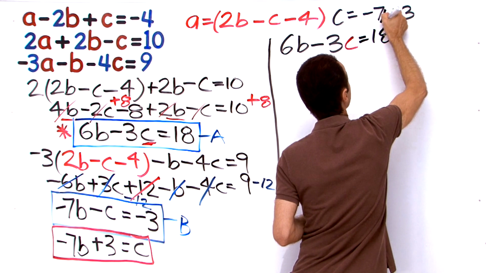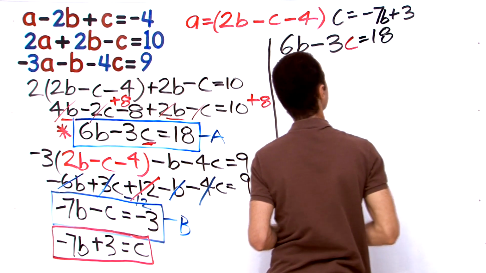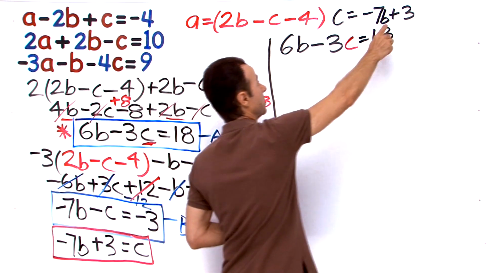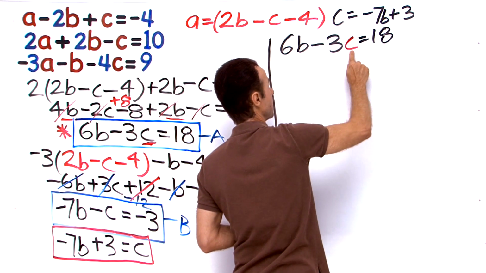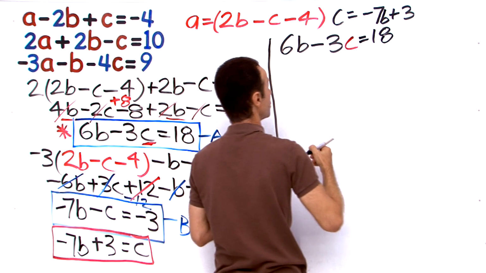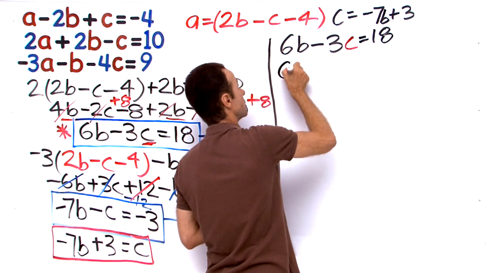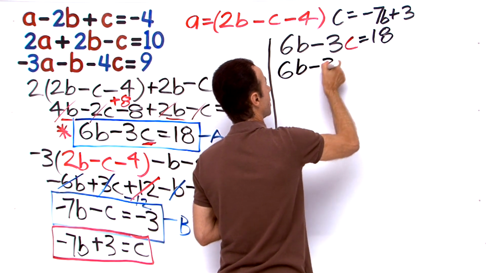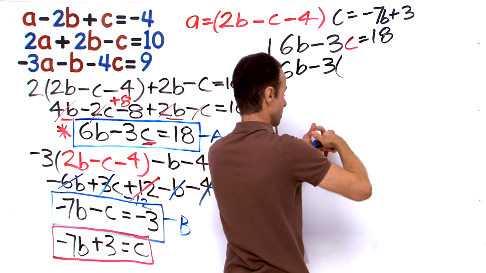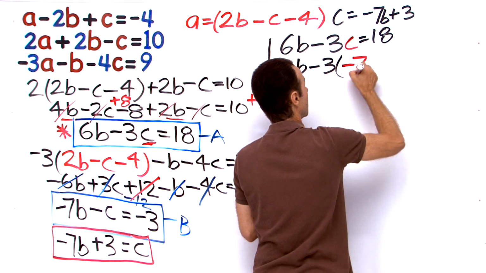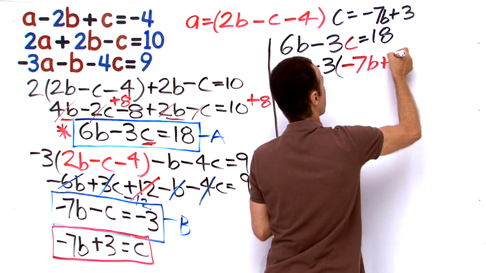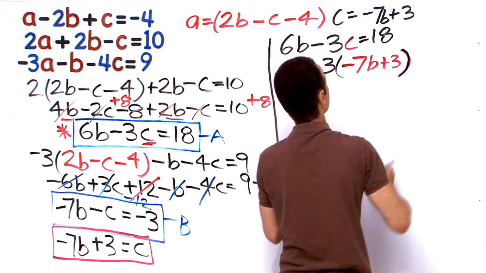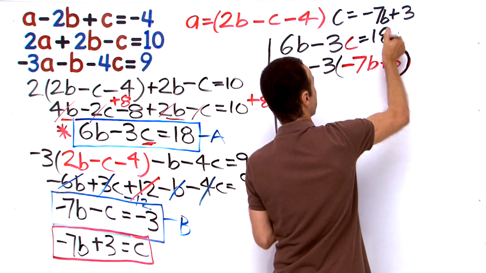Let me check. Minus 7B plus 3. Let's take that C and replace it for that C there. So let's go ahead and substitute. We're using substitution. So it's 6 times B minus 3 times, I'll put in brackets, there's our C. It's going to be minus 7B plus 3. We substitute that in there, like that, and it equals 18.